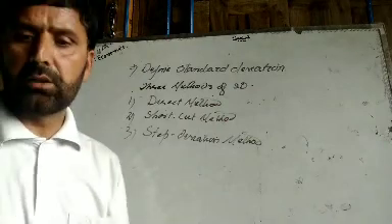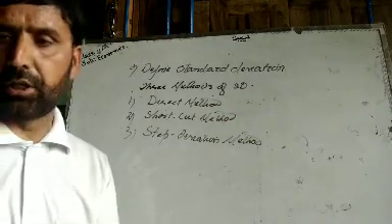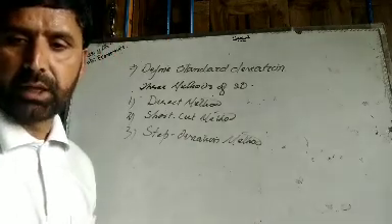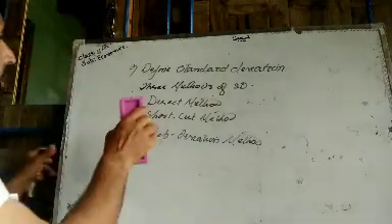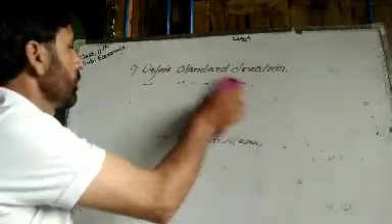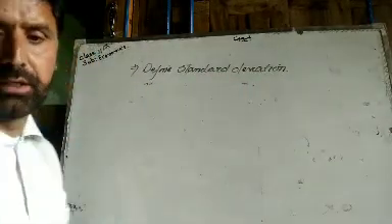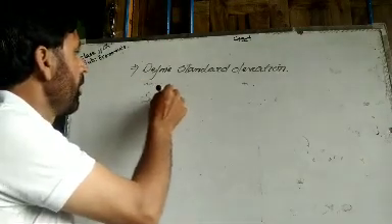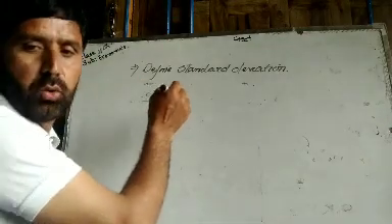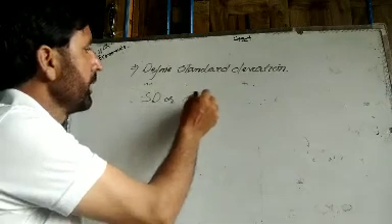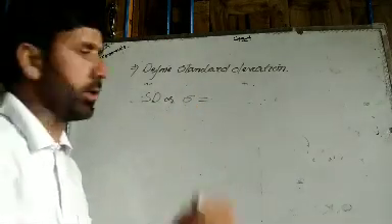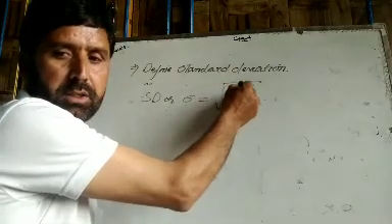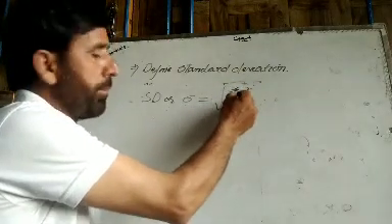When we find the standard deviation, denoted by sigma, which is the symbol of standard deviation, it is equal to the square root of sigma x square upon n.